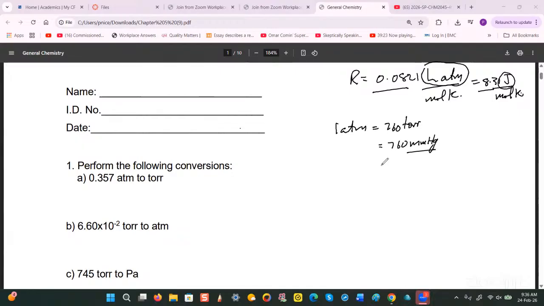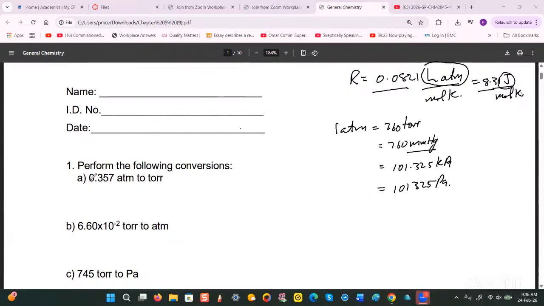This is also equal to 101.325 kilopascals, which is the same as 101,325 pascals. You don't need to memorize these because these will be provided for your tests and exams. I think that's pretty much all the units for pressure that you're going to encounter in this chapter.